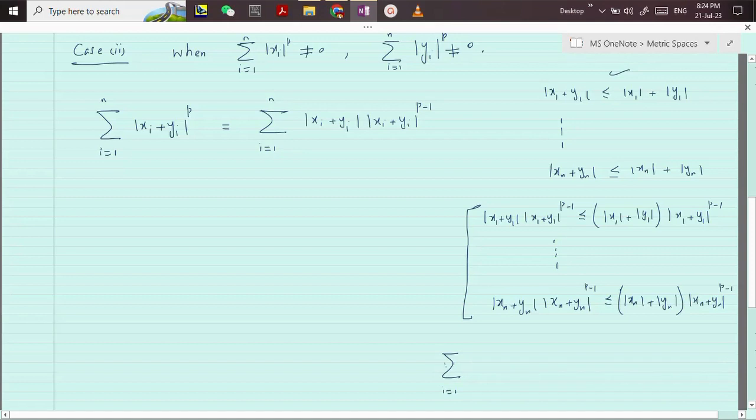We get summation i from 1 to n of |xi + yi| into |xi + yi|^(p-1) less than or equal to summation i from 1 to n of (|xi| + |yi|) into |xi + yi|^(p-1). So we shall rub it.